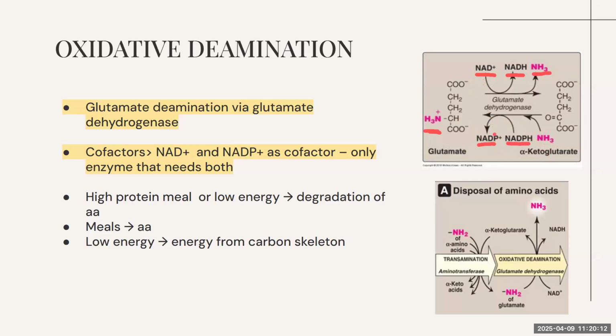To get technical about this, you can see that this plus, which is a hydrogen ion, gets incorporated into the NAD plus to give me an NADH. Okay, so two pluses gives me an NADH. However, in this, NADPH loses one of its pluses, if that makes sense, to give it to the ammonia so that it gets incorporated here.